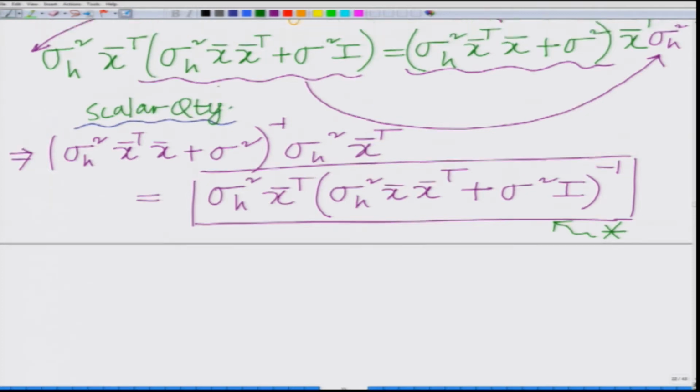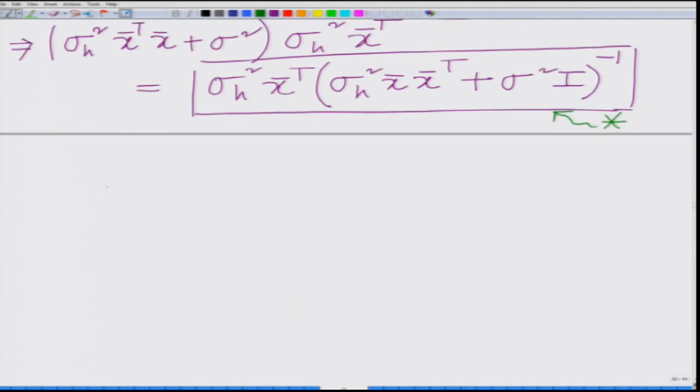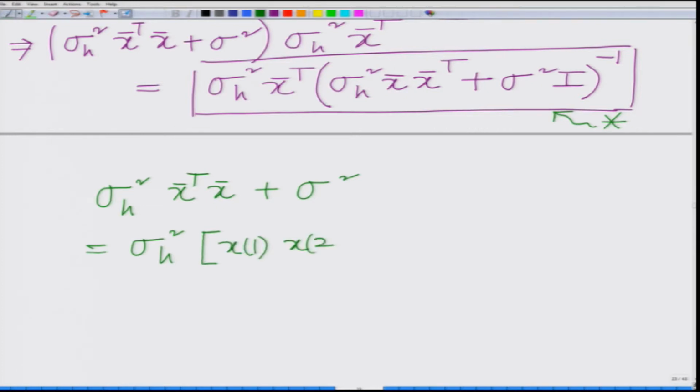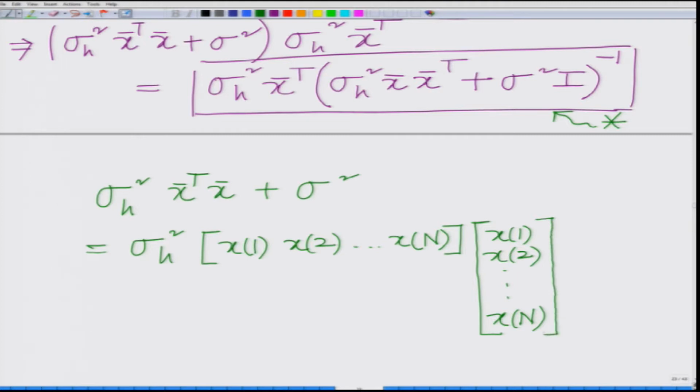In fact, x bar transpose x bar, look at this, this is simply sigma h square x bar transpose x bar plus sigma square, that is equal to sigma h square times the row vector x 1, x 2, and so on up to x n, times the column vector x 1, x 2, and so on up to x n, plus sigma square.